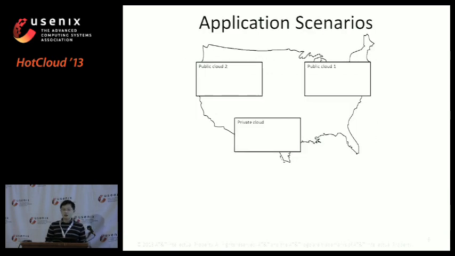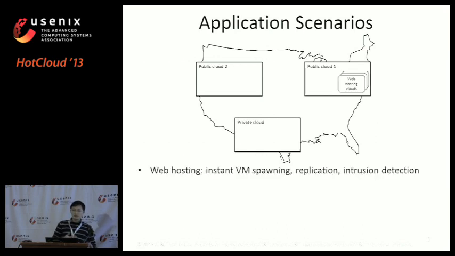So to make it more concrete, I will list a few application scenarios here. Suppose in the United States, you have two public cloud providers, one on the East Coast and one on the West Coast, and you have a third private cloud provider. First, for example, you can run web hosting Inception clouds. Suppose you have multiple websites to operate, and you can run one web hosting Inception cloud for each of your websites.